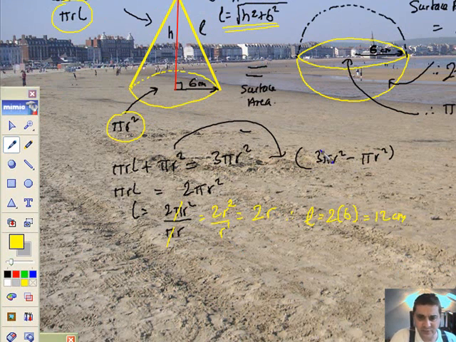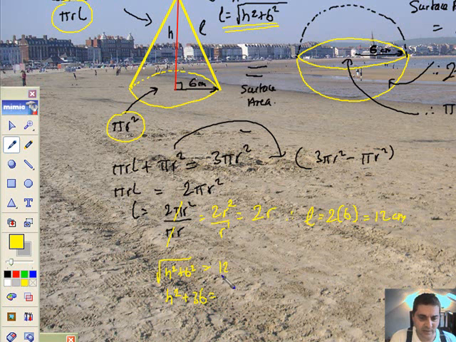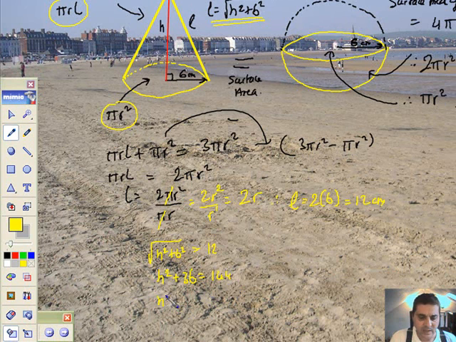Alright, so let's just do a quick sum there. By substituting L into here, I can say the square root of h squared plus 6 squared equals my length, which is 12. Now, squaring both sides, I have h squared plus, let's call it 36 now, equals 12 squared, in other words 144.